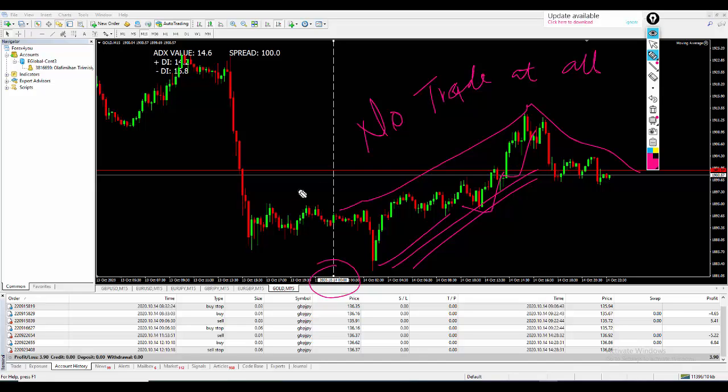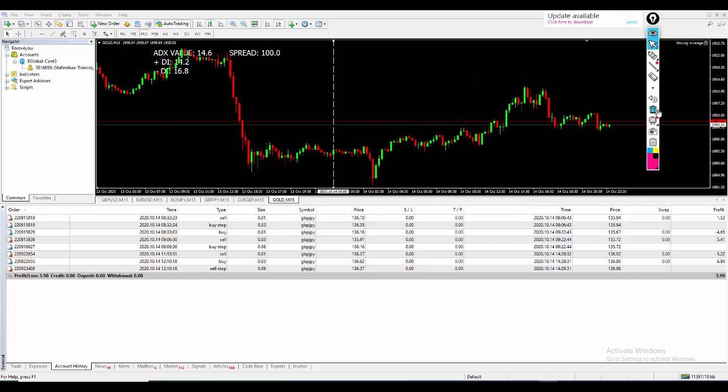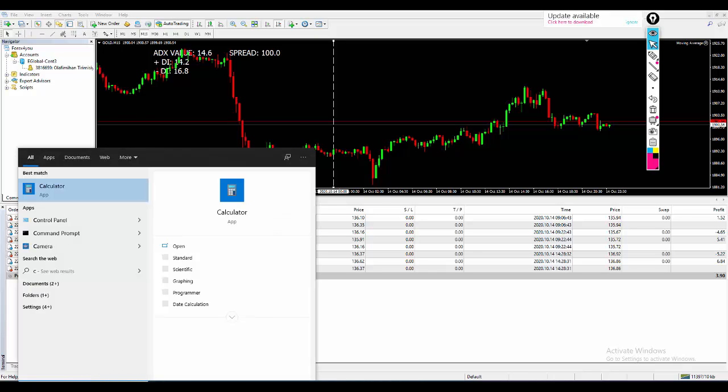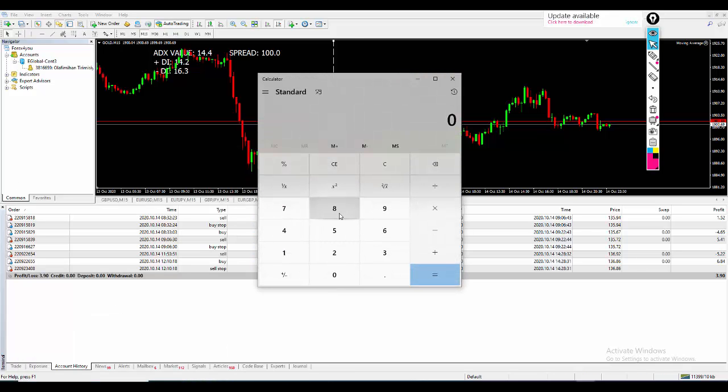And as usual, as you know, I always evaluate what is my daily target. My daily target is maximum of 1% per day.